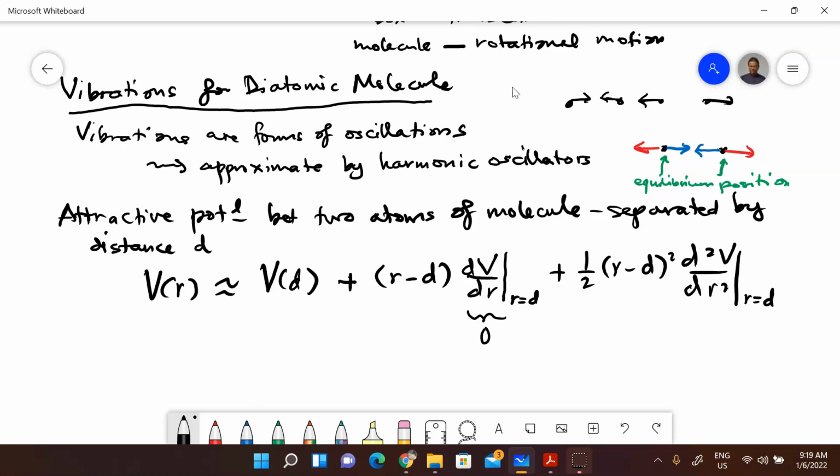Okay, so in other words, what we have over here is essentially a constant here, and here is the quadratic term, which is like in the case of the harmonic oscillator potential. Okay, so that's the rough idea.